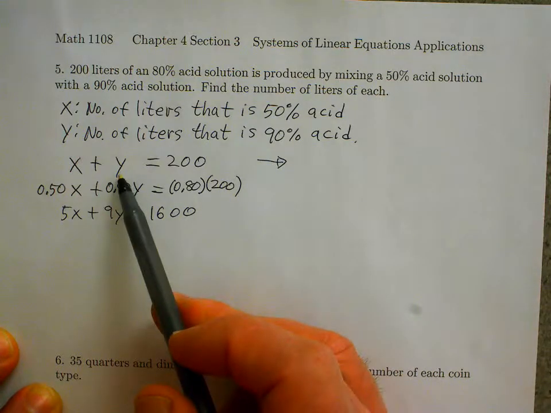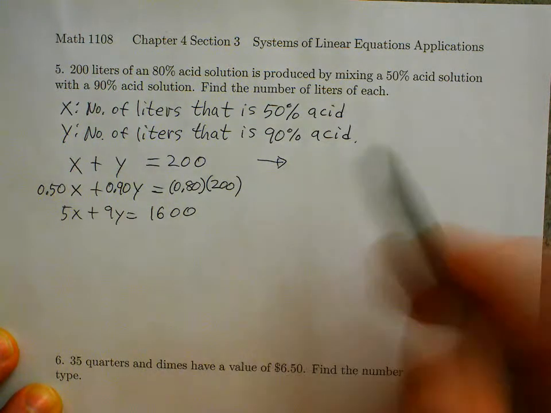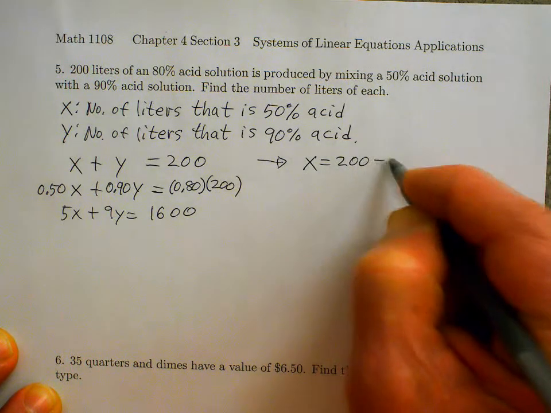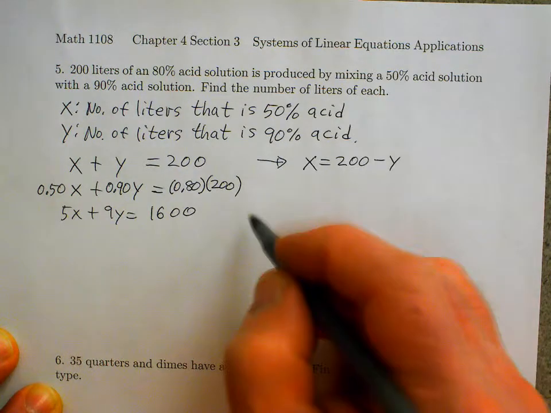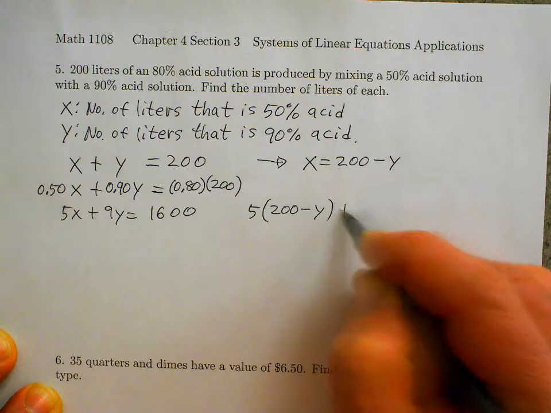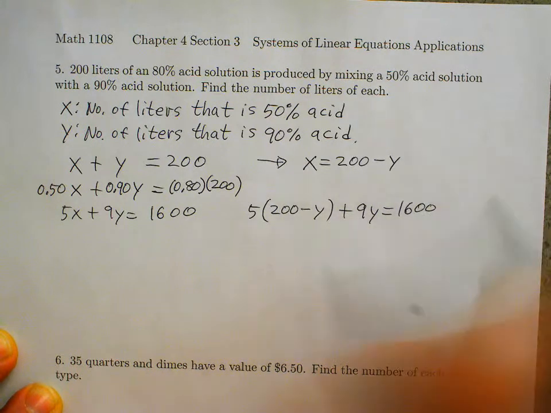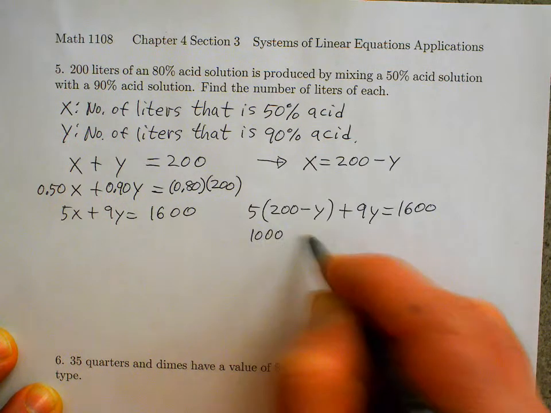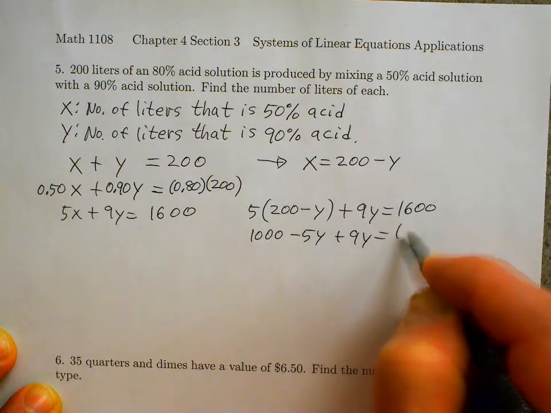If I solve the top equation for x, I get x equals 200 minus y. Then in the bottom equation, replace x with 200 minus y, and then we can solve for y. So I get 5 times 200 is 1,000, minus 5y plus 9y equals 1,600.